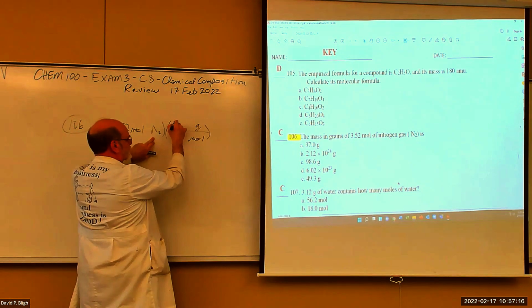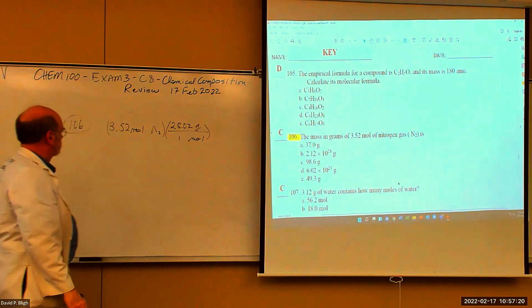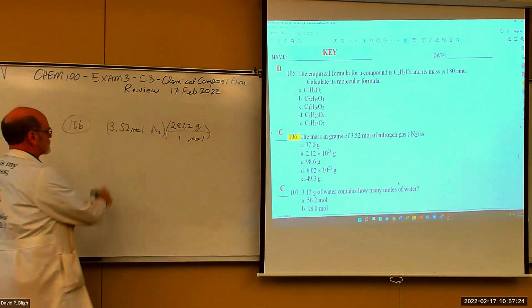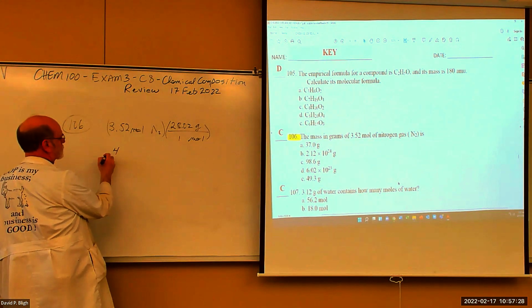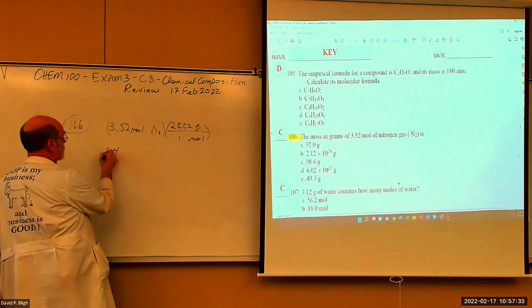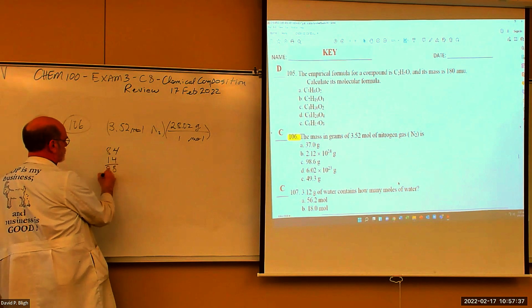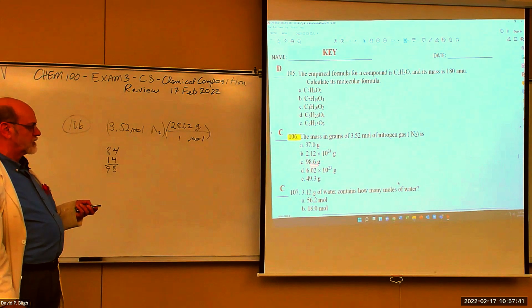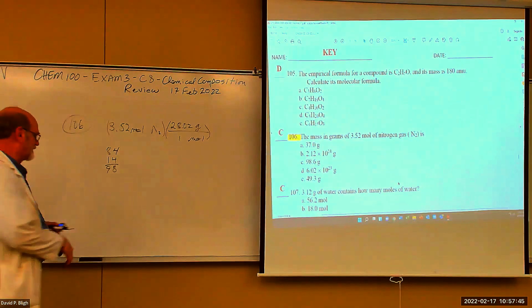So both of them together, N2, would be 28.02 grams. So 3.5 times 28 would be, let's see, 98, about 98. There it is right there. Okay.